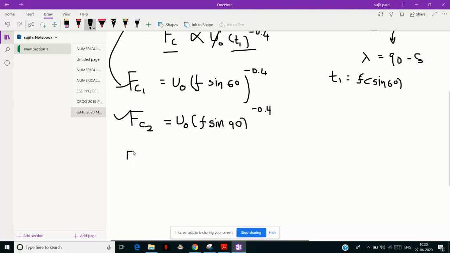So (FC2 minus FC1) upon FC1, that means cutting force for the first tool and cutting force for the second tool. Here u0 and f are constant and will cancel out. I am writing for your convenience, to make it easy to understand.